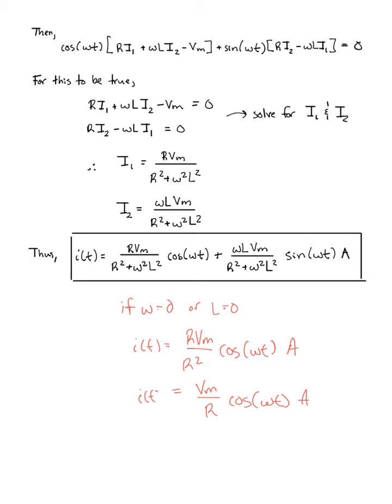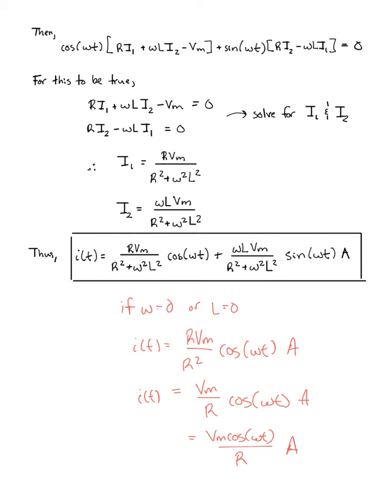This simply looks like Ohm's law, I equals V, which is Vm cosine omega t over R resistance. So getting rid of the inductor, this obeys Ohm's law just like we would expect. So the inductor is what's causing the complexity here.